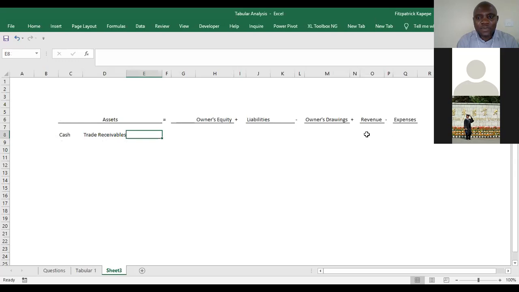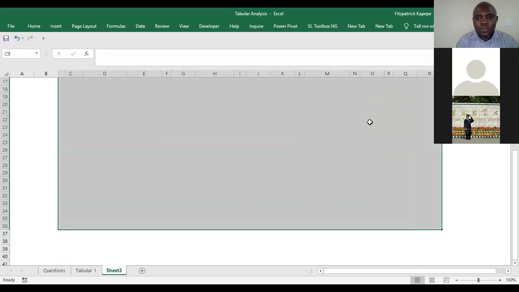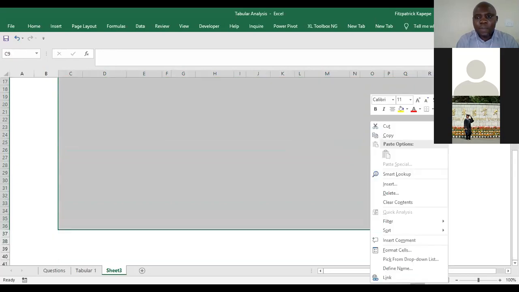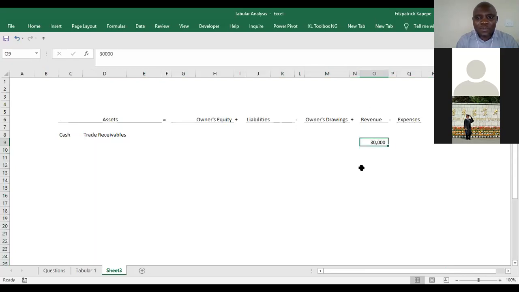Revenue first. Revenue, there was how much? 30,000 kwacha. This is what you do. It's just double entry. So there's a revenue. This is what you're adding, 30,000 kwacha.